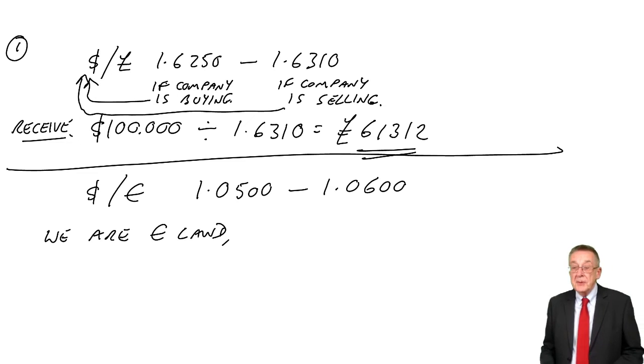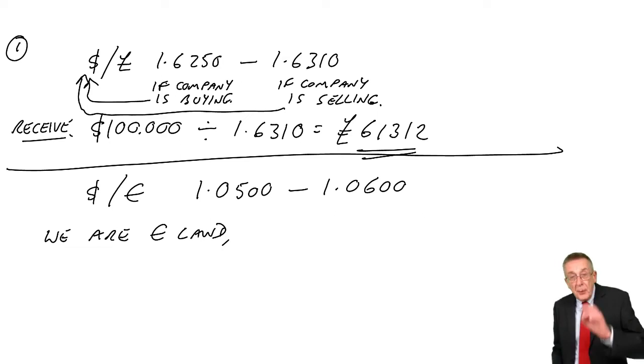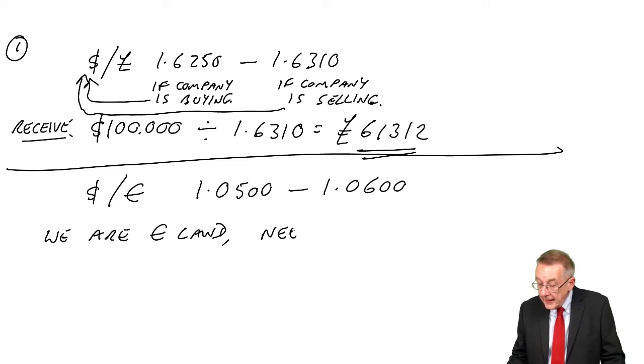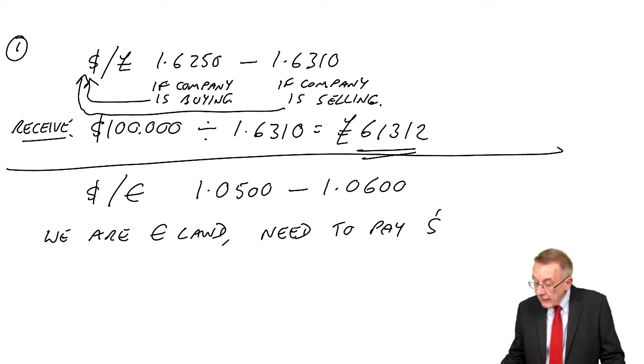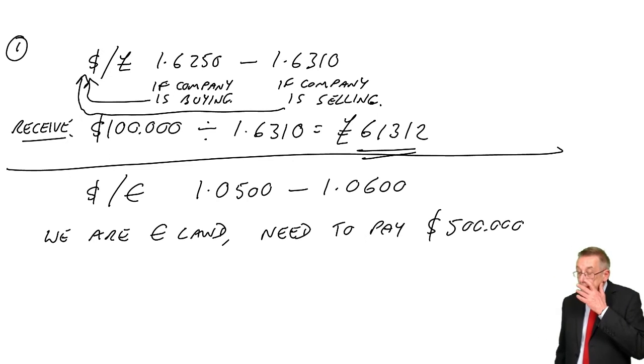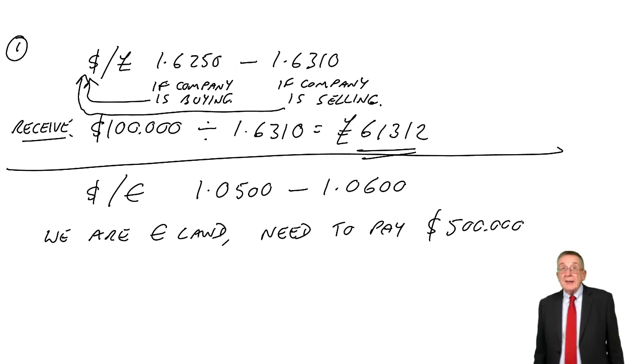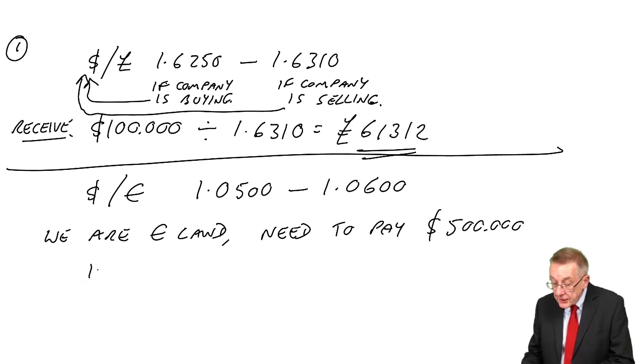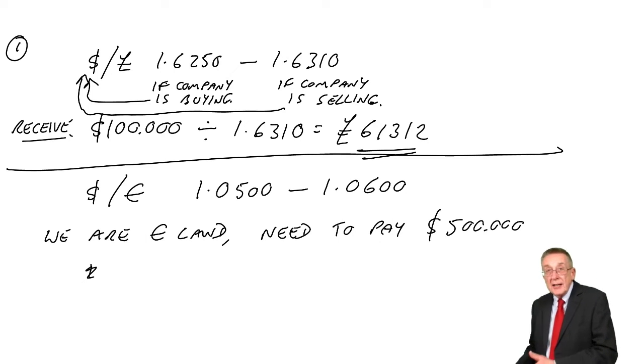We work in euros, but we've bought goods from the US, so we need to pay $500,000. Well, again, the way it's quoted means that $1.05 is equal to €1.